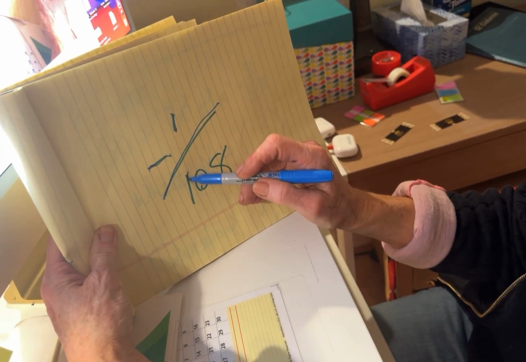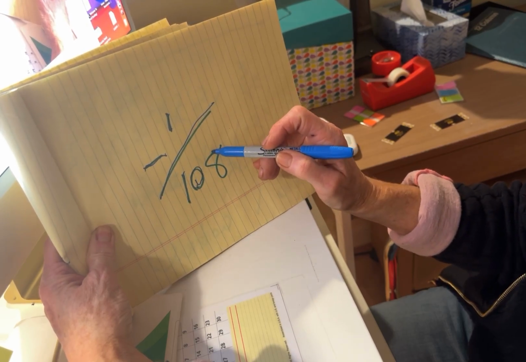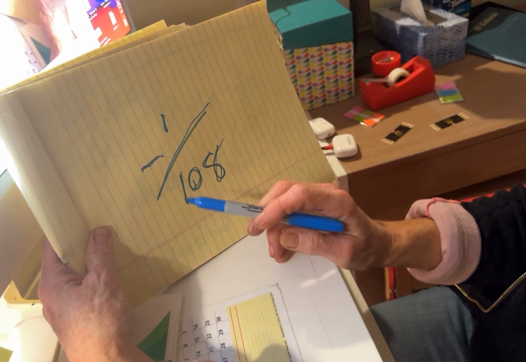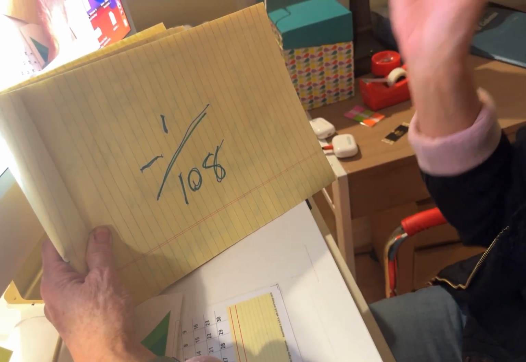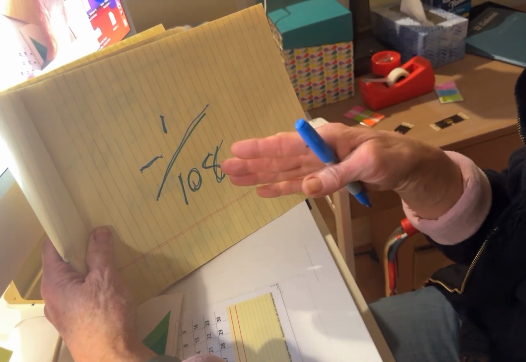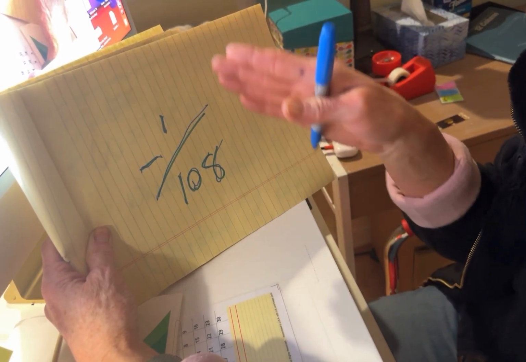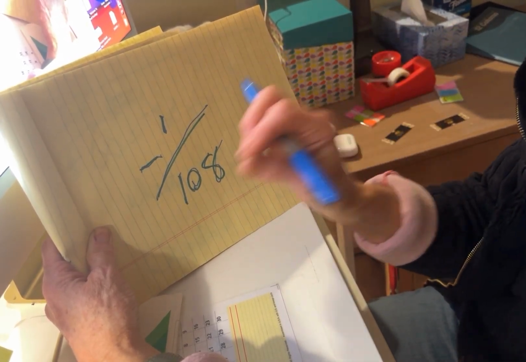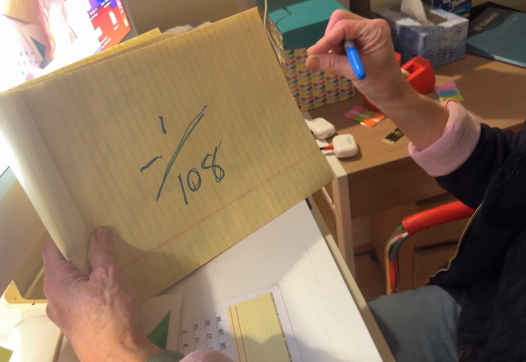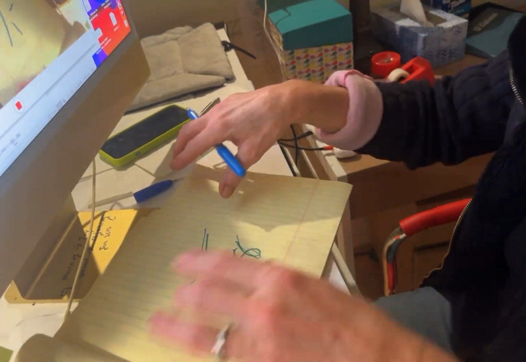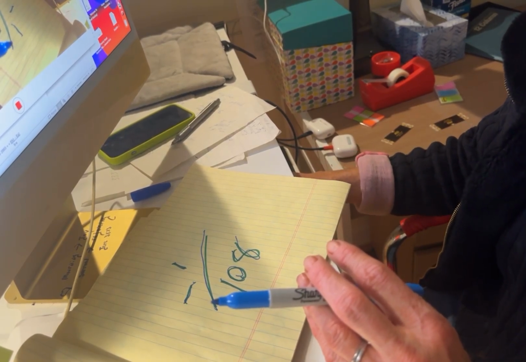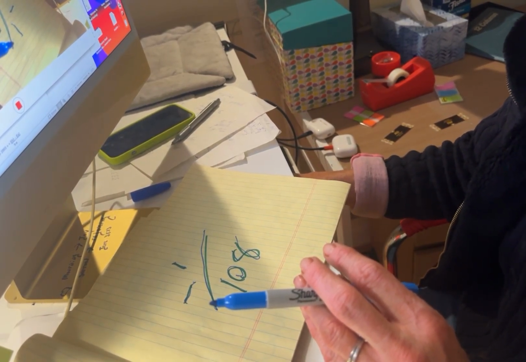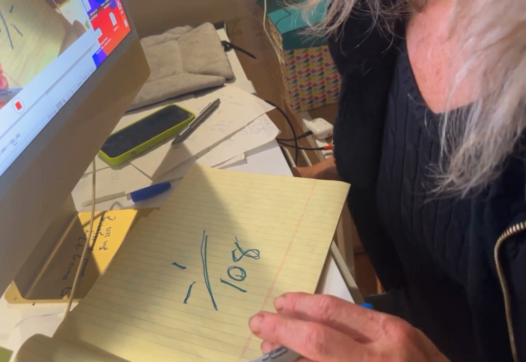Thus, we have the answer to our problem, which is negative 1 over 108. That is the derivative of the given function at the point x equals 6. I hope that made sense. That was kind of complicated, hugely complicated, actually.